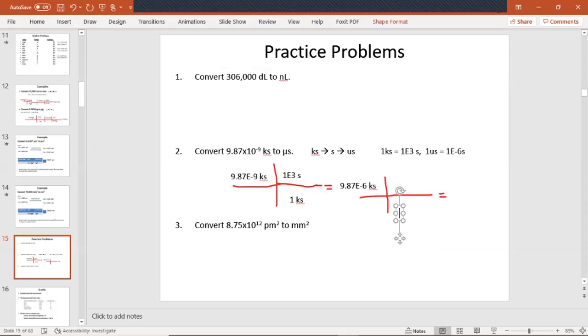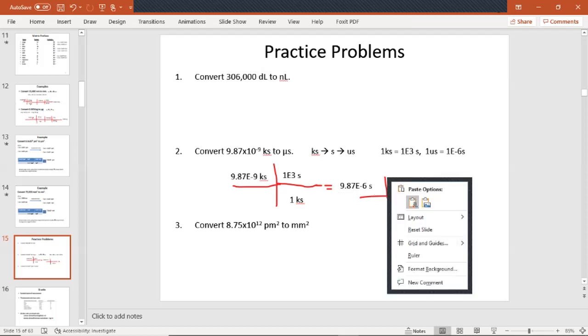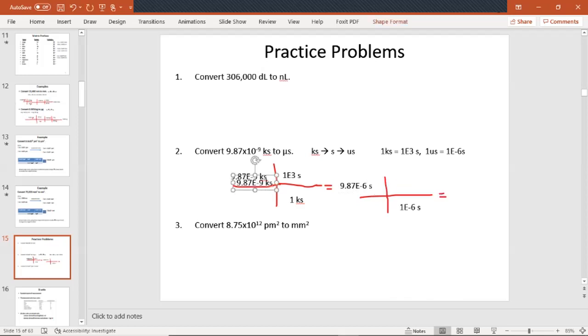So since we're starting with seconds, it goes on the bottom. And microsecond goes on top. So now again, we're dividing.